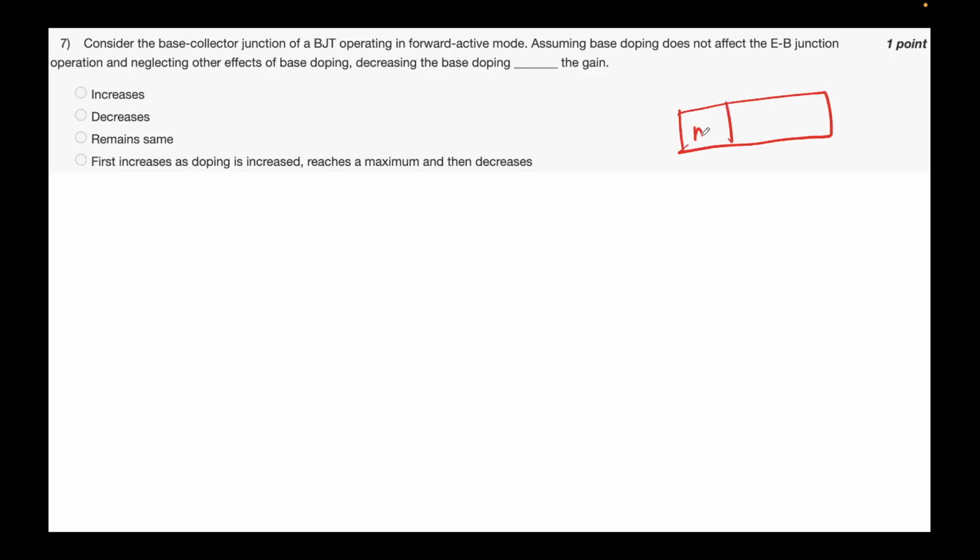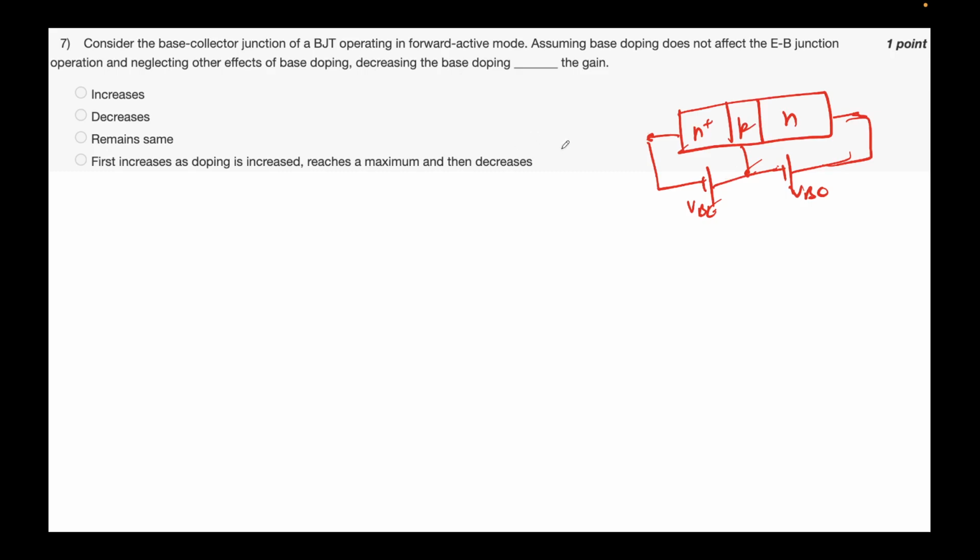This is N plus, P and N. So this is emitter, base, and collector respectively, right? We are in forward active mode, so this is forward bias and this is reverse bias, V_BE and V_BC.